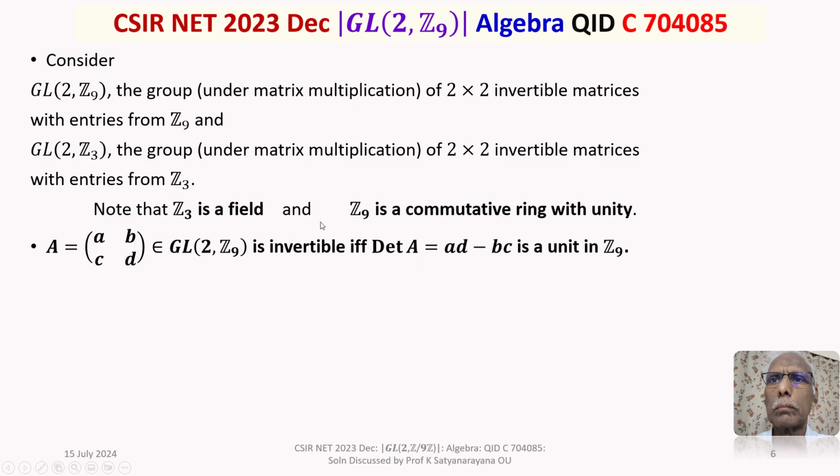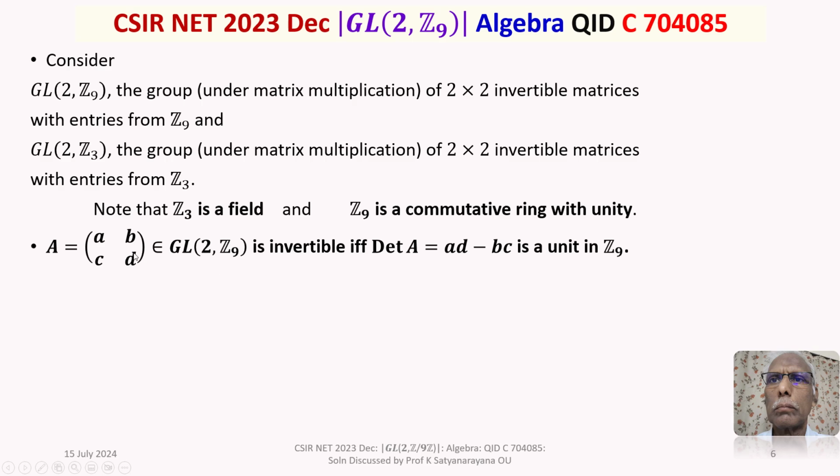Now we ask the question, when does a matrix ABCD, where A, B, C, D are elements of Z9, belong to GL2 Z9, that is, when is it invertible? Normally people think that AD minus BC not equal to 0, meaning AD minus BC modulo 9 is not equal to 0, then it is invertible.